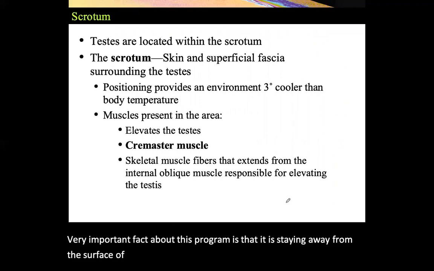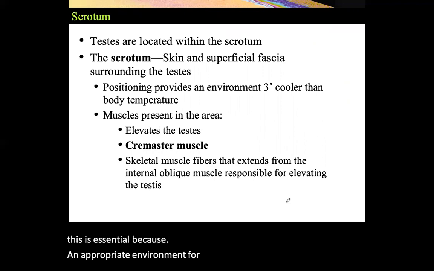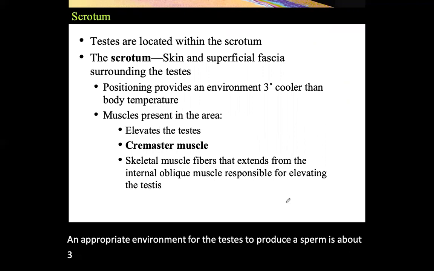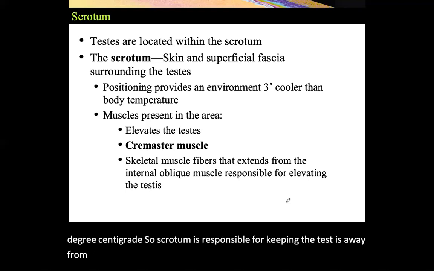It places the testes lower than the body, and this is essential because an appropriate environment for the testes to produce sperm is about 3 degrees cooler than your actual body temperature, which is about 34 degrees centigrade. The scrotum is responsible for keeping the testes away from the body and in a cool environment, ensuring sperm production is effective.